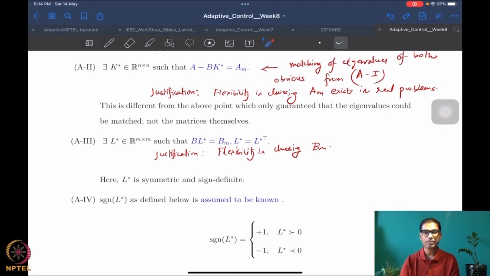So if I multiply B by, for example, a positive definite matrix L star on the right hand side, and I get a BM which has no specific properties, because BM is not required to have any specific properties, then if you think about it, this is almost identical to doing some kind of a nice group operation on B itself.